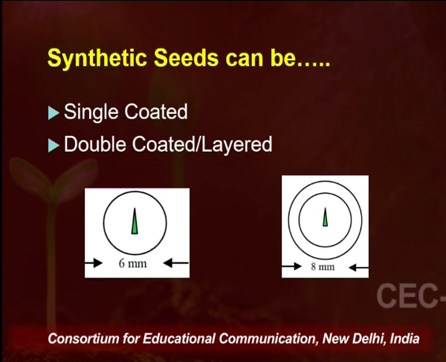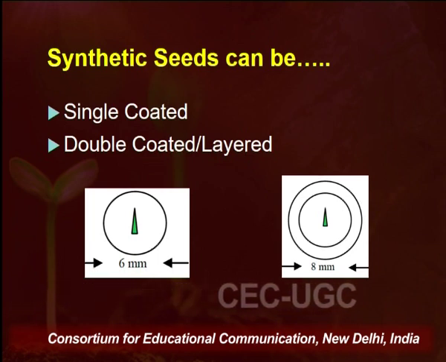Now, synthetic seeds can be single coated or double coated, or layered. Many times it has been observed that if single coated synthetic seeds are stored for a longer duration, the coating material, that is the alginate, forms a permeable membrane around it which will cause leaking of nutrients and even dehydration of the somatic embryos.